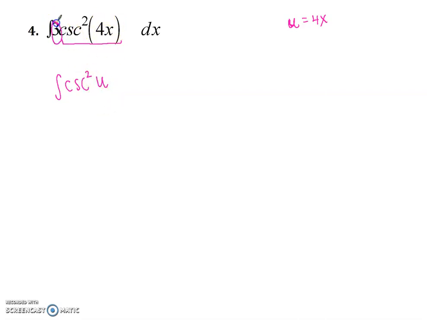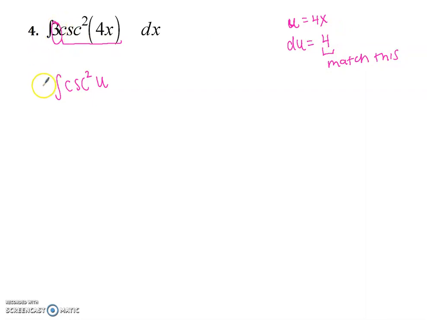Okay. So the extra part I have is this 3. So to figure out what to do with it, I'm going to look at du. So I need to take the derivative of 4x. That's just going to be 4. Okay. So this is what I need to match, and it needs to be inside. Okay, so we always want to match what we get for du.